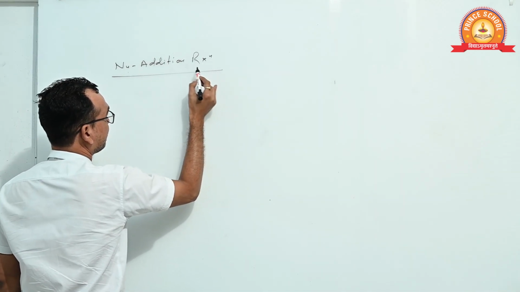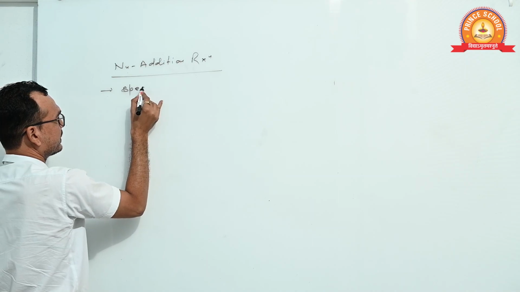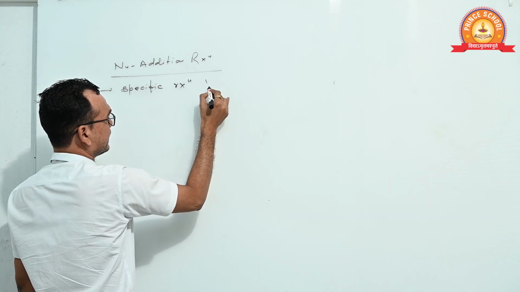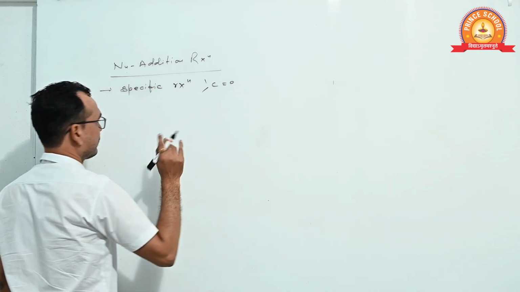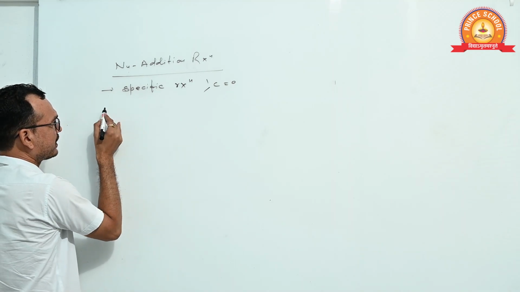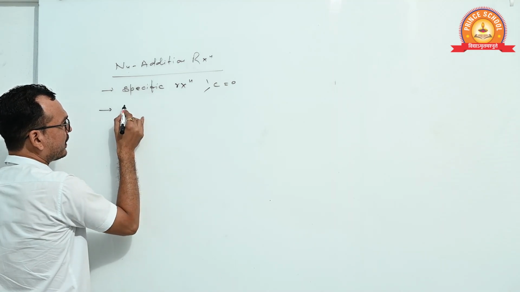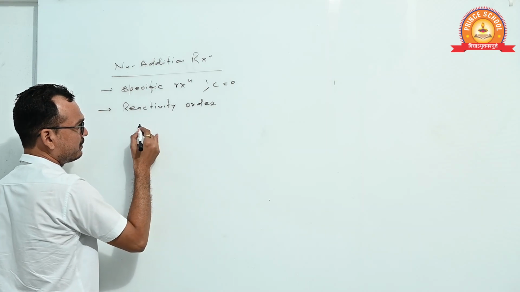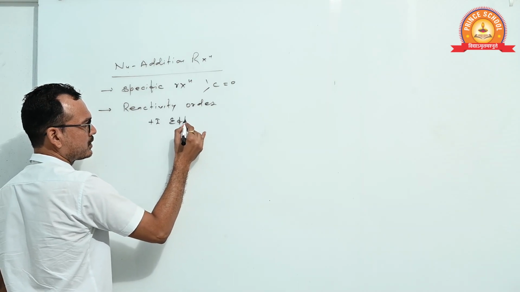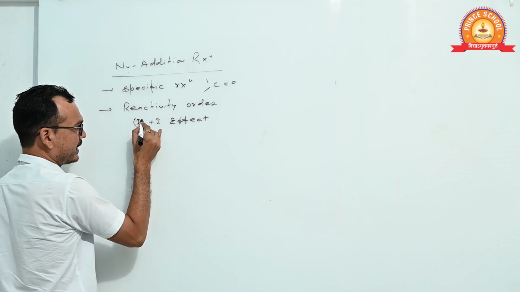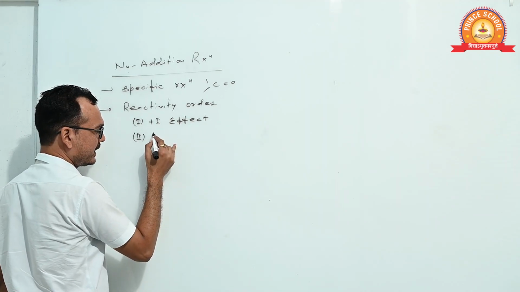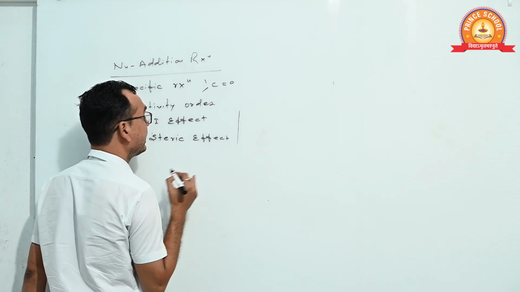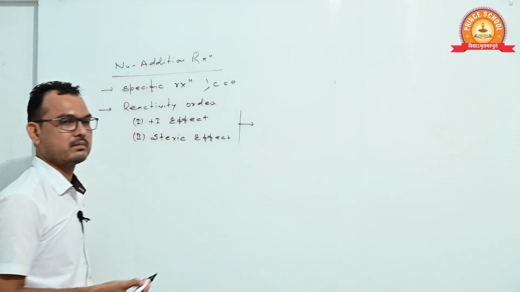We know that nucleophilic addition reaction is the specific, or we can say the characteristic reaction of C double bond O compounds, that is, we are talking about carbonyl compounds. Clear? And what will be the reactivity order? The reactivity order depends on 2 factors. One is the plus I effect, and the second is the steric effect. And what is the order of some carbonyl compounds?